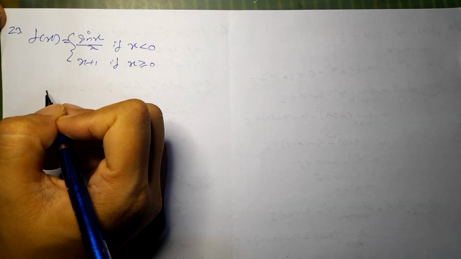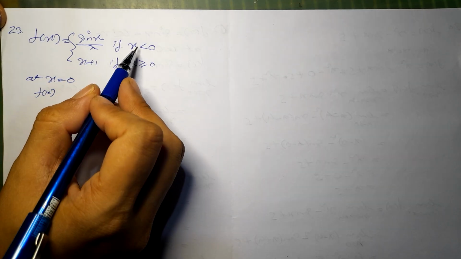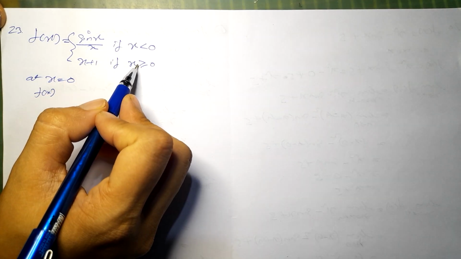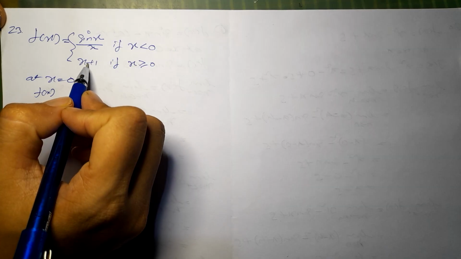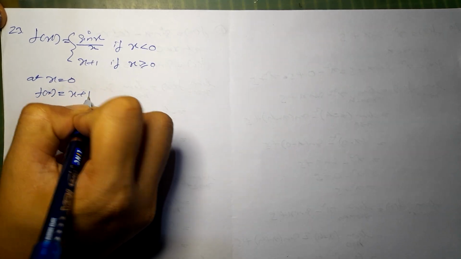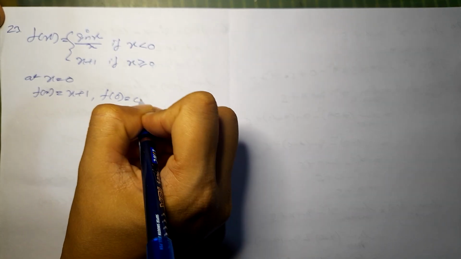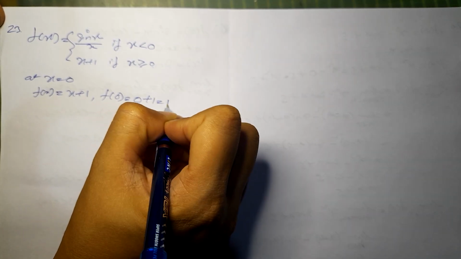We are going to check it at x equal to 0. So for x greater than or equal to 0, the function will be x plus 1. So now f of 0, instead of x we replace it by 0, it will give 1.